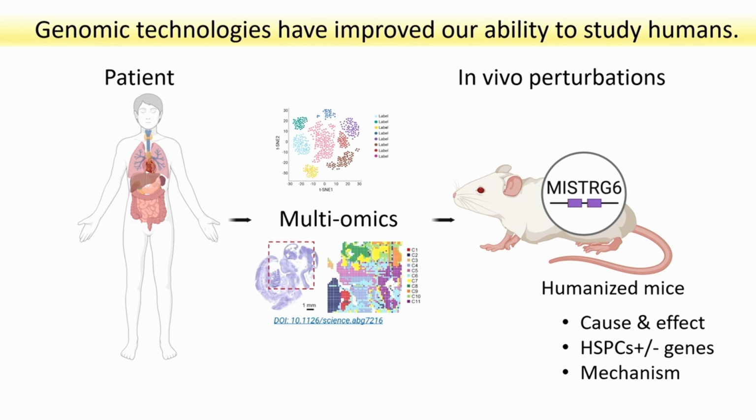If that's the problem, then what you have to do in a model is stop A going to B and ask the question, does the disease stop? You can't do that in a patient other than in a clinical trial, but you can do that in an animal model of this disease. That's what we're trying to do. That's what they call perturbations in vivo. So our goal is to determine cause and effect relationships, that something causes celiac disease, and that's a prelude to stopping it.